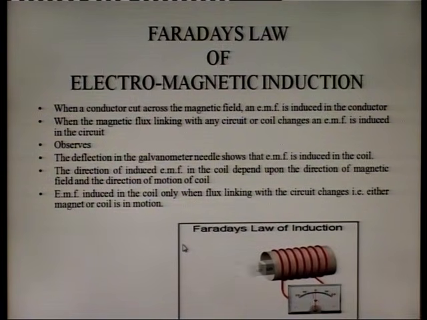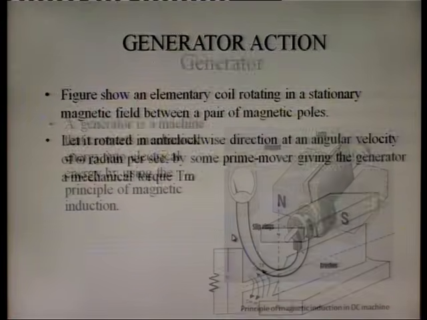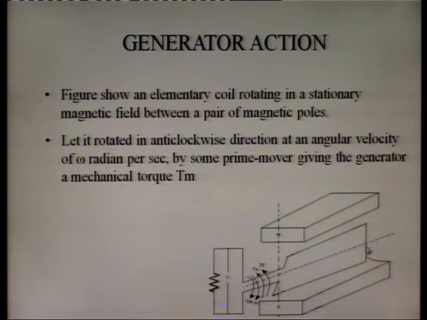Next is Faraday's laws of electromagnetic induction. There are two definitions of Faraday's law of electromagnetic induction. First one is, whenever a conductor cuts across a magnetic field, an EMF is induced in the conductor. As we see in this diagram, whenever a conductor cuts across the magnetic lines of force, an EMF is induced in this conductor.